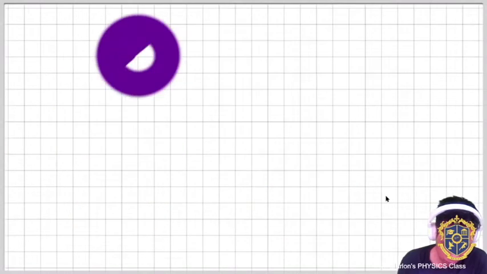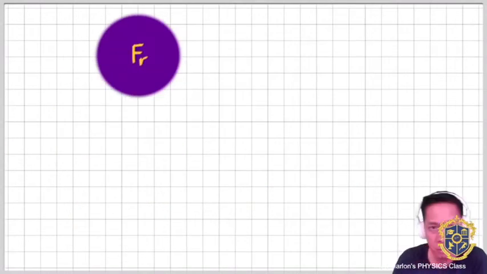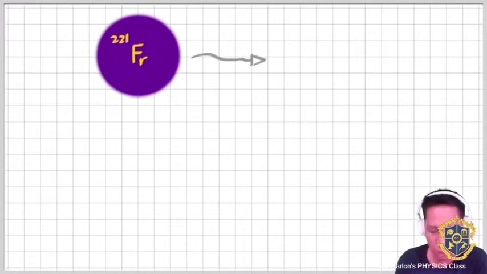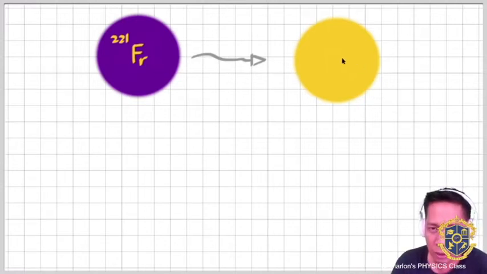Imagine I have francium. Let's assume there are 221 nucleons in it. After some time, imagine we observe that the francium, which existed in one particular area, is no longer there, and there wasn't any other particle there.